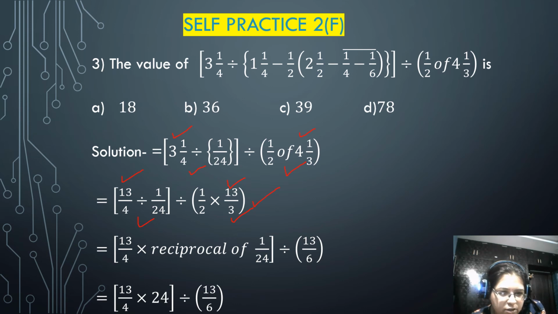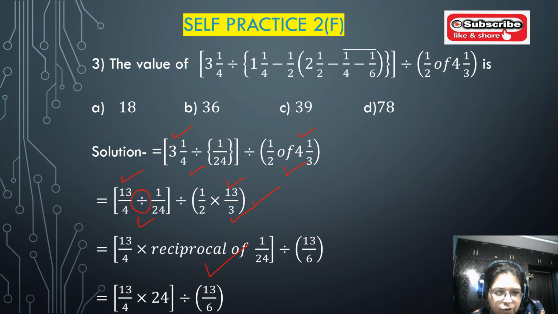Now we change this division symbol into a multiplication symbol. Just multiply with the reciprocal of this fraction 1/24. So we get 13/4 multiplied with the reciprocal of 1/24. Now we evaluate this expression inside the bracket, that is multiplication of these two fractions 1/2 and 13/3. 1/2 multiplied with 13/3 equals product of numerators divided by product of denominators.